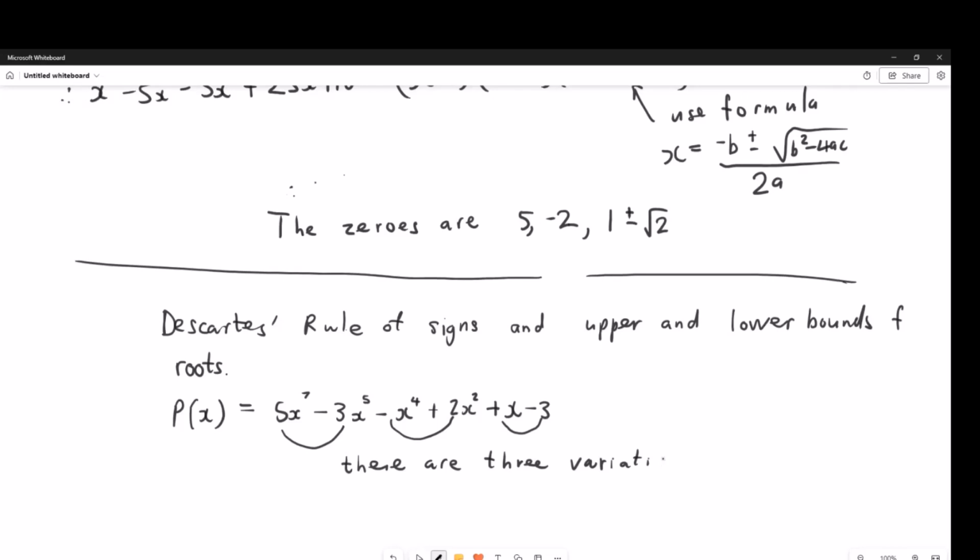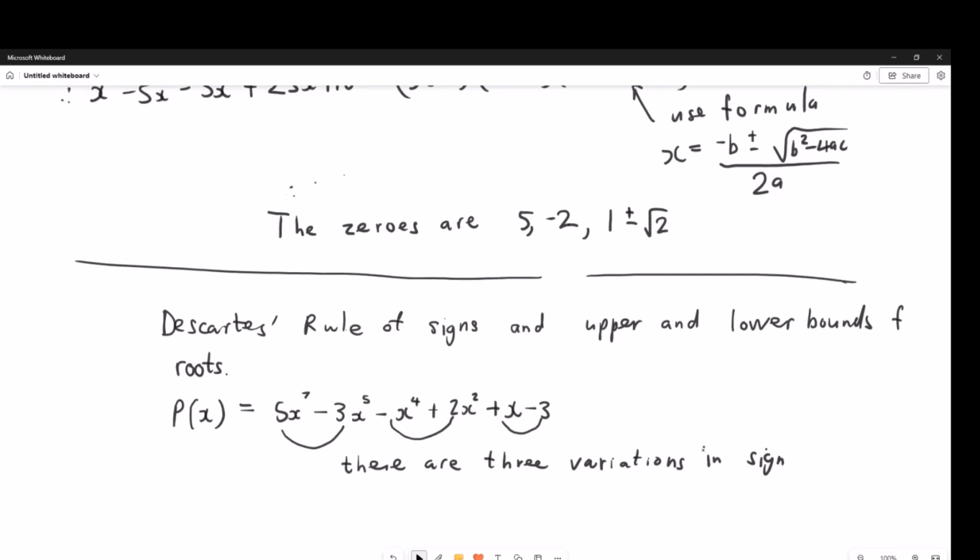The terms were arranged in descending order. You see 5 is positive, 3 is negative, 1 is negative, 2 is positive. The coefficient of x is 1, it's positive. And then the constant coefficient is negative. So 3 variations in sign.